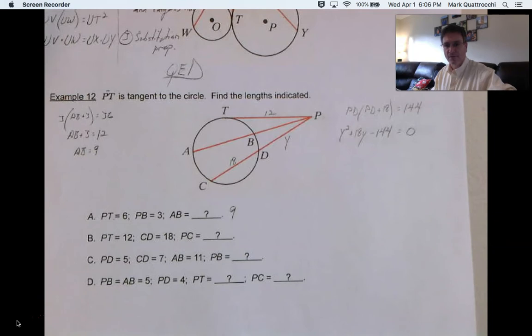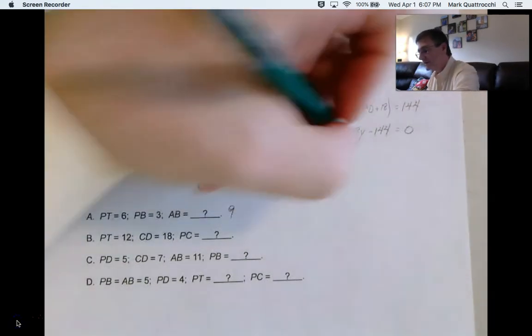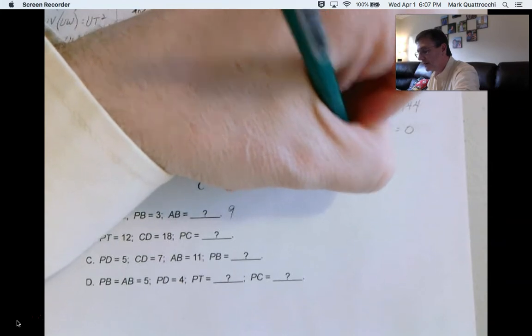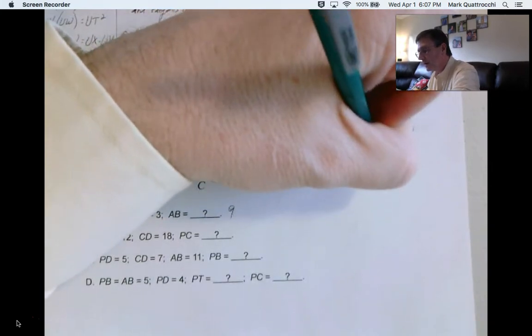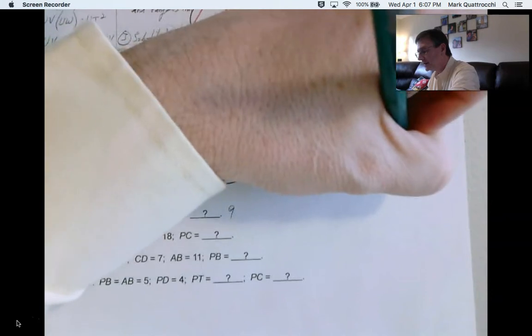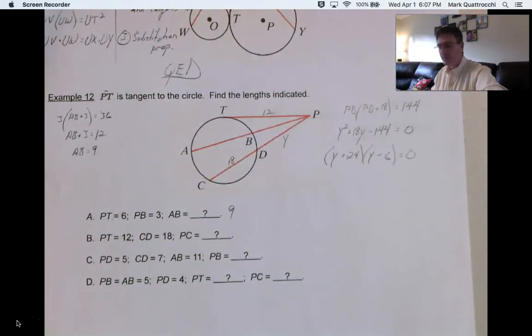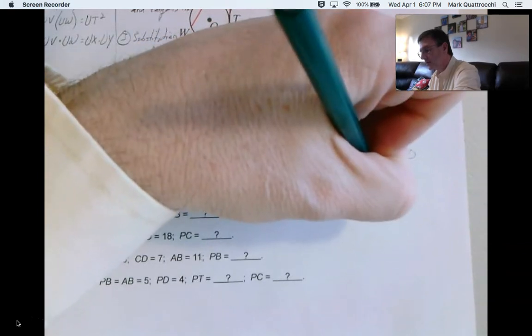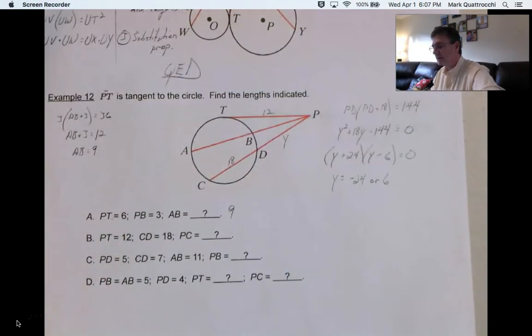And then we're going to have to factor this. Let's factor: y plus 24, y minus 6 equals 0. So y equals negative 24 or positive 6.